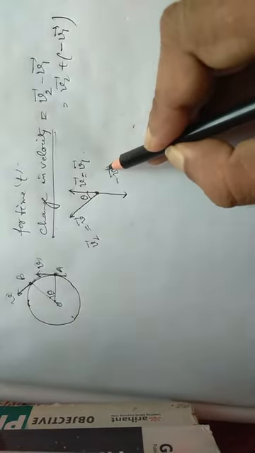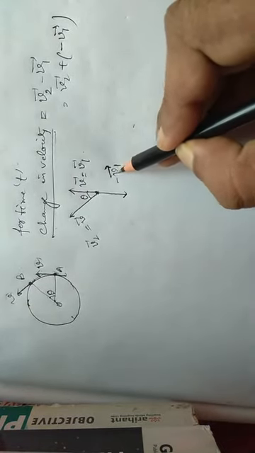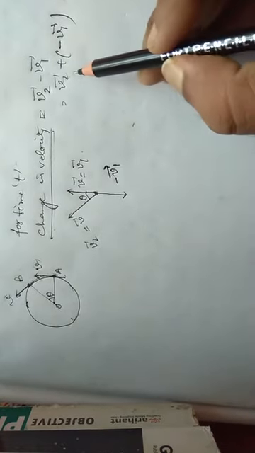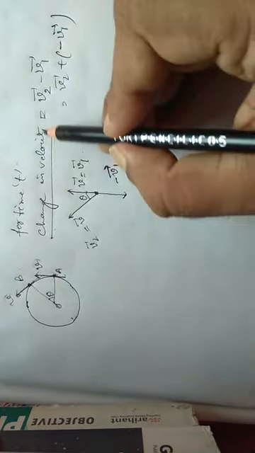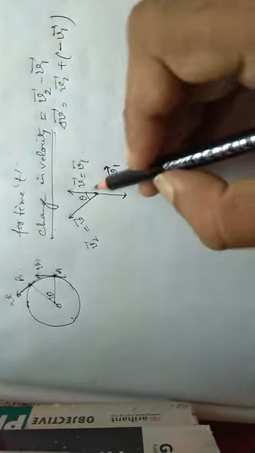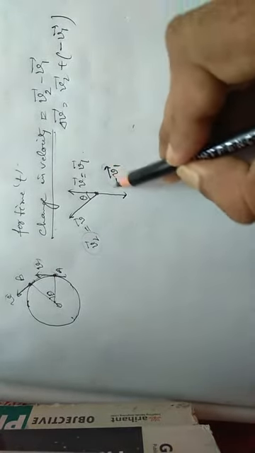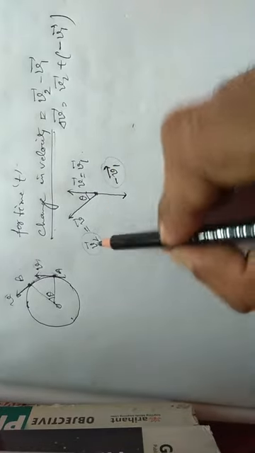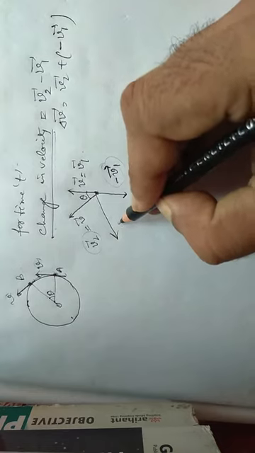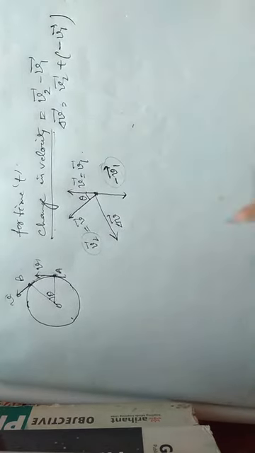Don't forget to mark the vector sign above. So the resultant, the change in velocity vector, will be between v2 and minus v1. Suppose like this, this is delta v, the change in velocity vector.